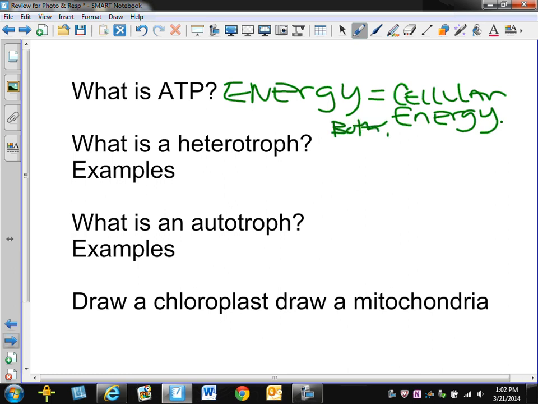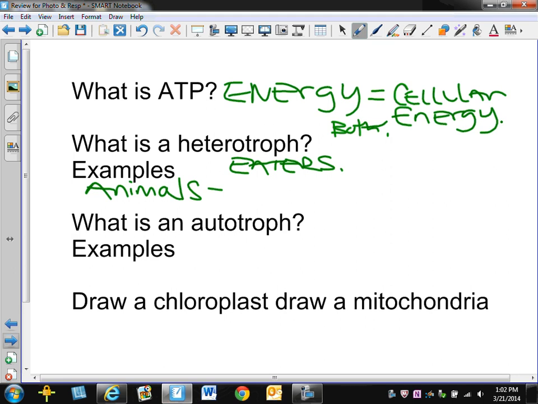Okay. So what is a heterotroph? Going back to ecology, you should have already given me the answer. Animals. Why? Well, they do not make their own food. They have to eat. These are eaters. I just love that new term. I think I made it up. They're eaters.